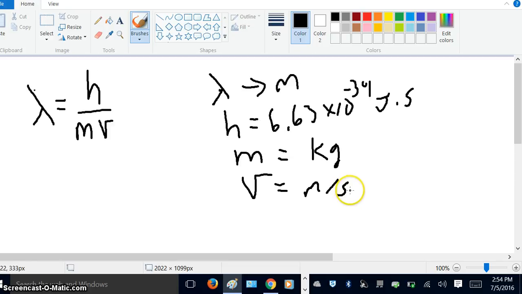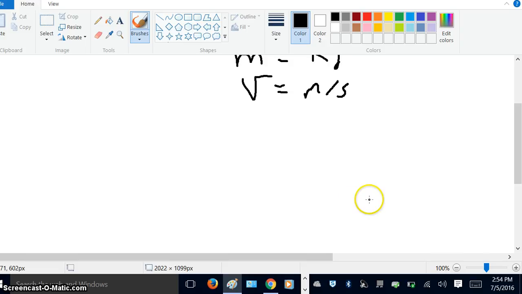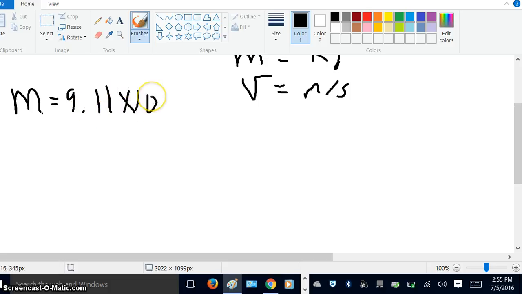So I'll use an electron, and we know the mass of an electron, remember, from J.J. Thomson's experiment, as well as Millikan's, and that mass turned out to be 9.11 times 10 to the minus 31st kilograms. That's kilograms.